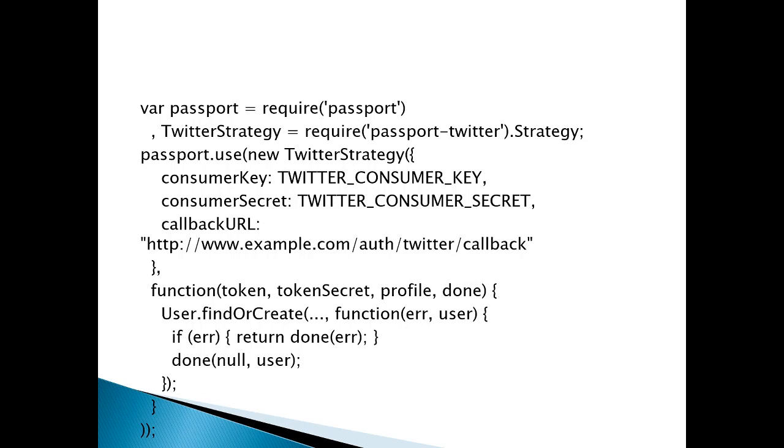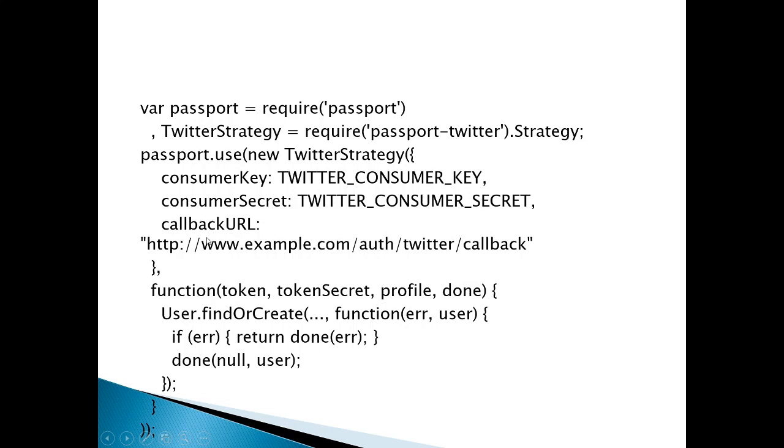So the strategy is simple. We require the passport Twitter strategy. Where we used local, instead we will use new Twitter strategy, and we will provide the consumer key that will be provided by Twitter, then a consumer secret that will also be provided by Twitter.